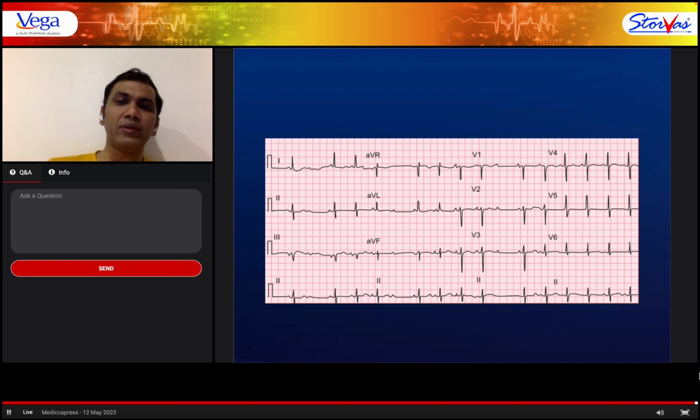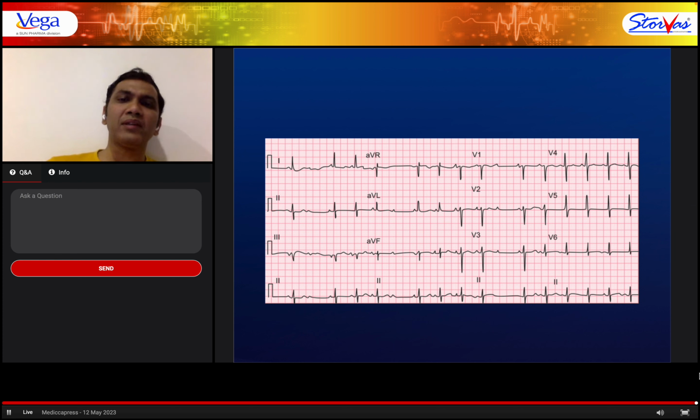A Mobitz type 2 AV block is worrisome because it represents an infra-AV nodal block. In this case, it's a narrow complex QRS, but it usually could present with wider complex QRSs and is suggestive of a condition which can precipitate into a complete heart block. Remember, this patient had an old anterior wall MI which was not revascularized.